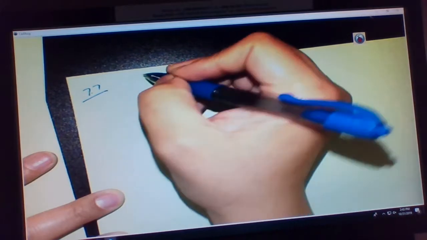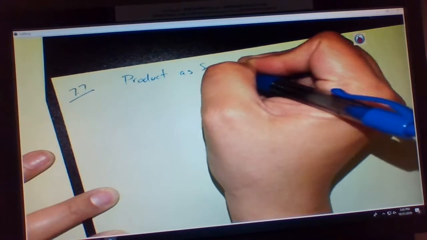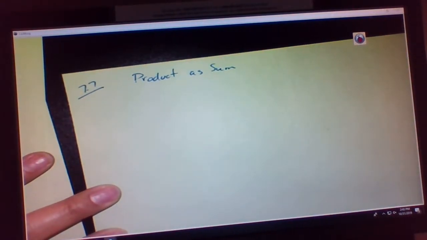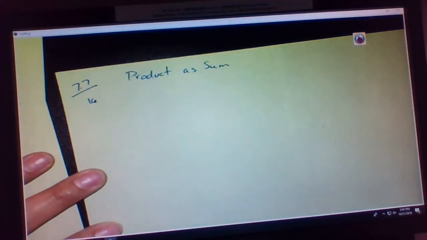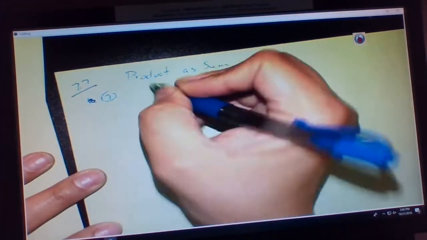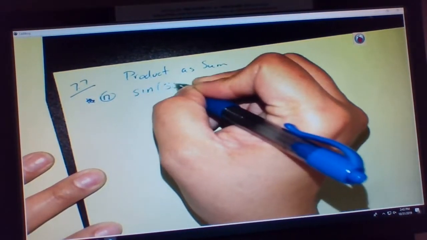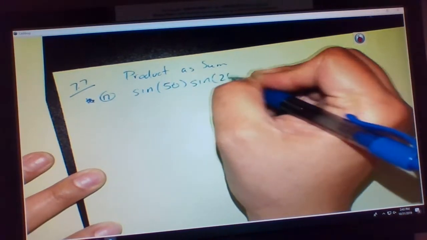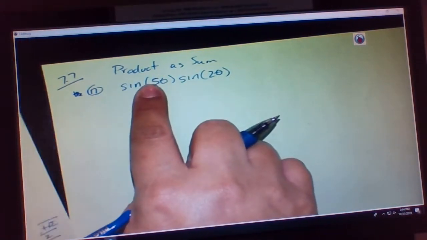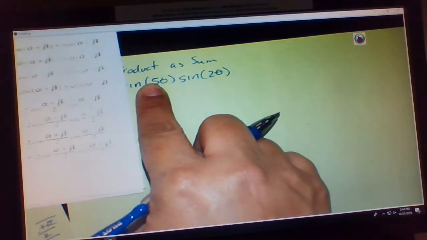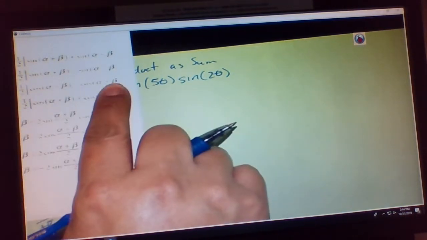7.7, you're going to have only 2 problems. We're going to go products as sums, and then you're going to have one where you have to go sums as products. So what number are we on? 17, thank you. If I have sine of 5 and sine of 2, so this is a multiplication of sines, and here's the multiplication of sines, and it has to become this part of the equation.